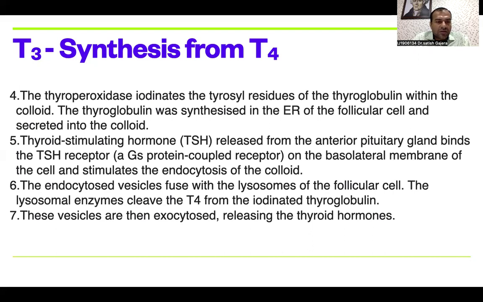Up to this process there is no role of TSH, but now TSH is released from the anterior pituitary gland and binds the TSH receptor, a G-protein coupled receptor on the basolateral membrane of the cell, and stimulates the endocytosis of the colloid.